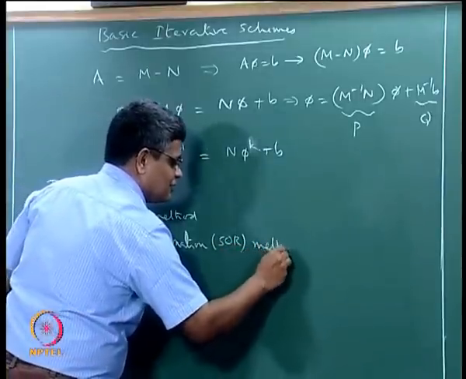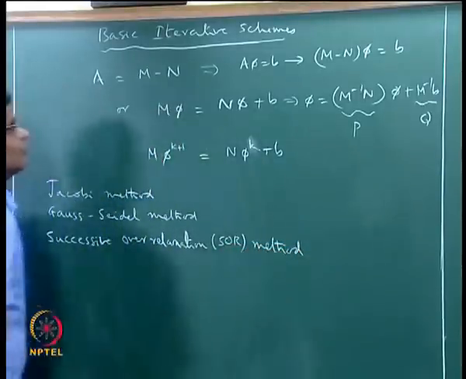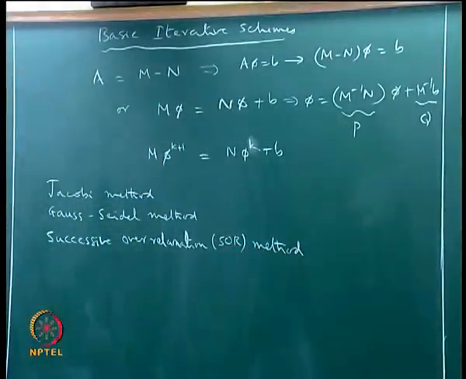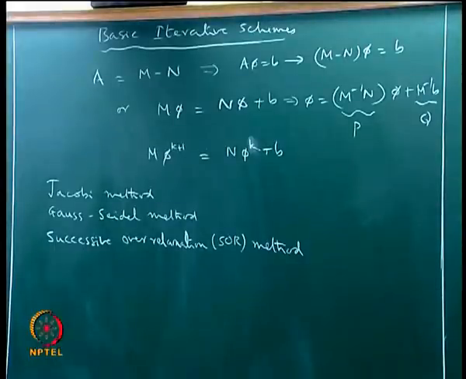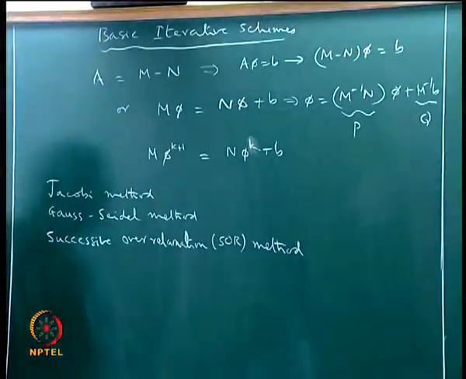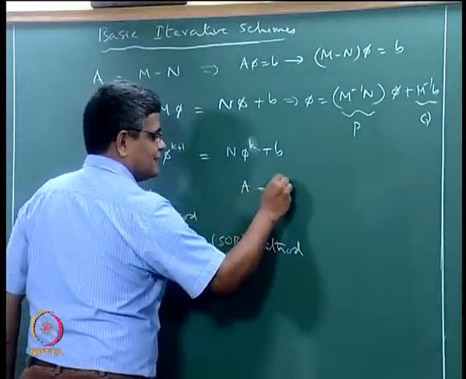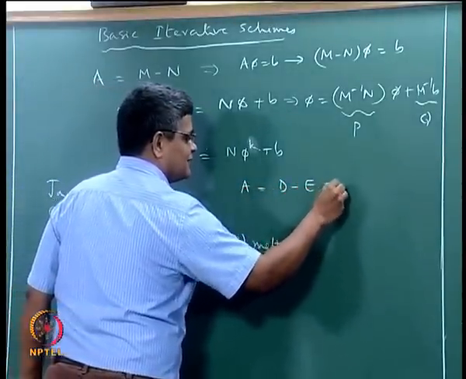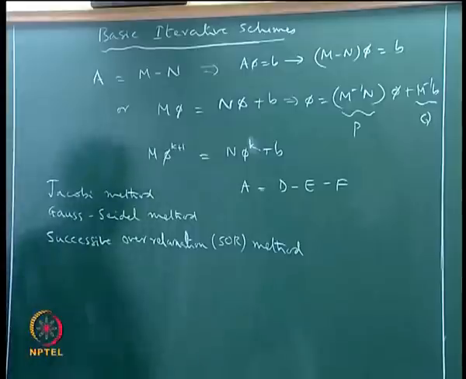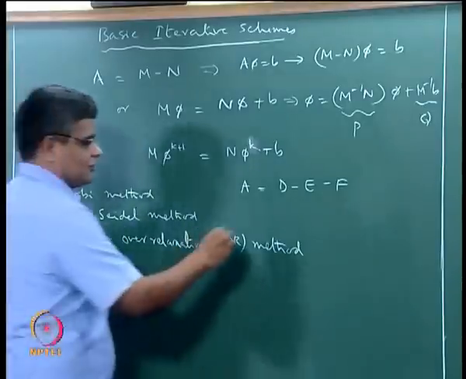These are classical methods for iterative solution of a matrix equation. In all three cases, A is written as D minus E minus F, and what are the three here?